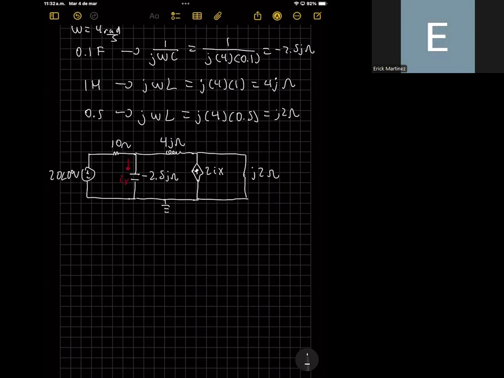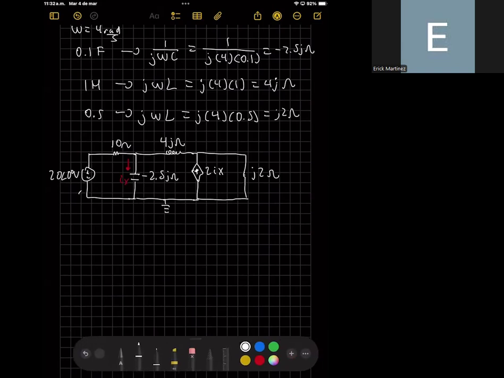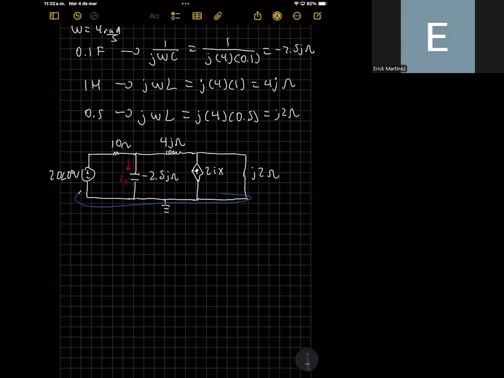So here you can notice that we have the negative terminal of the voltage source, and this is connected to all of these elements. Also, the voltage in this node is equal to 0 volts.